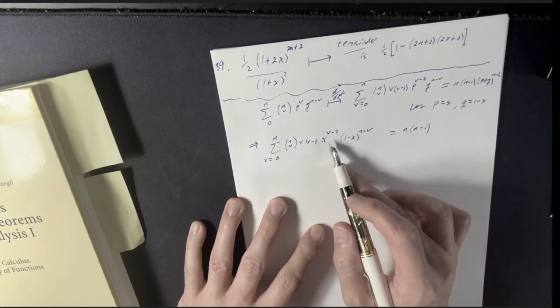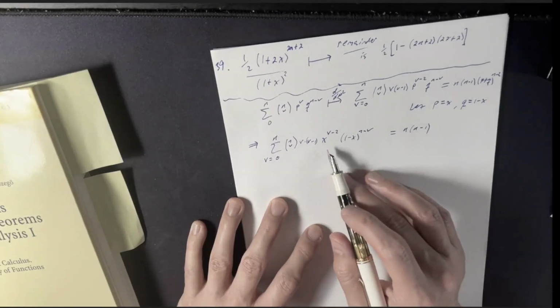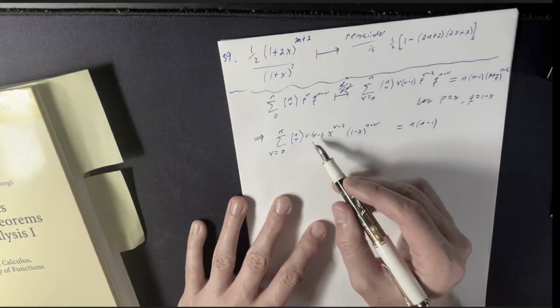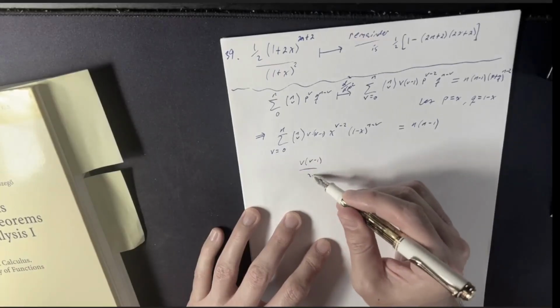I mean, I guess you could multiply by x squared if you want. Yeah, I'm still not getting this. On the left I've got v times v minus 1 over x squared.